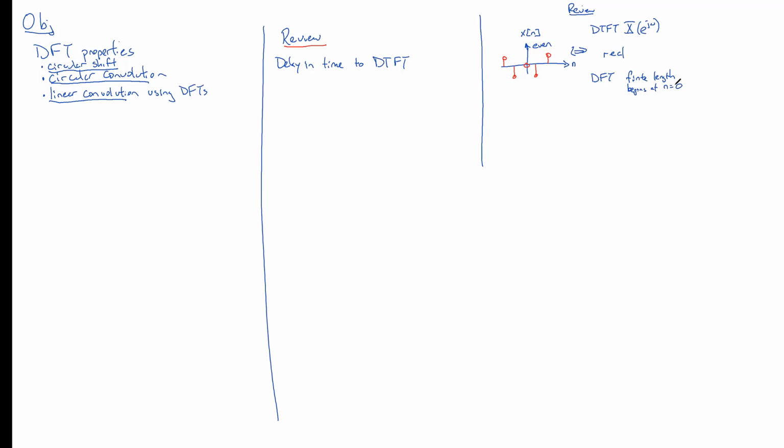So what does that mean for a real DTFT? We can't have our x of n being even anymore, because for DFTs, we're always talking about finite length signals that begin at n equals 0. So you can't have stuff on the left half plane to make it even. What kind of symmetry does an x of n have to give us a real DFT? Even? Well, it's not even, because remember, even requires the stuff for negative n to look the same as the stuff for positive n.